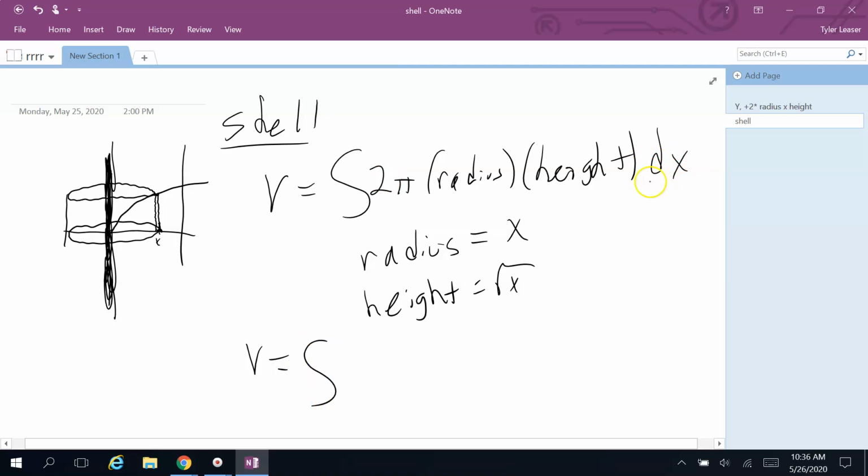Because we are integrating with respect to x, the slices exist from x equals 0 to the vertical line x equals 4. So my limits go from 0 to 4 of 2 pi, the shell radius, which is x, times the shell height, square root x, dx.